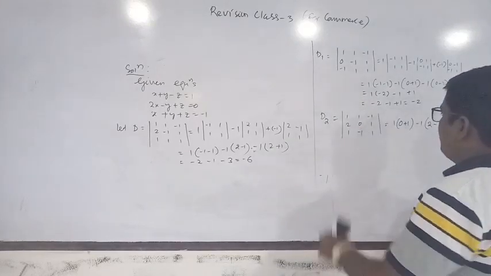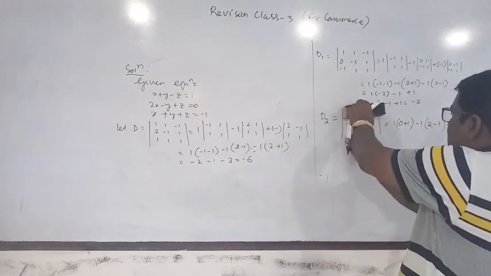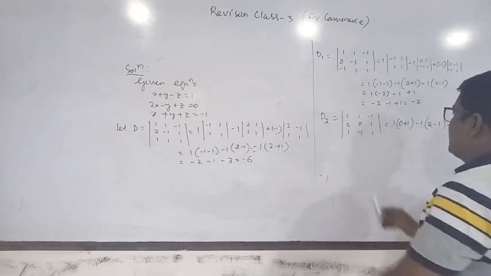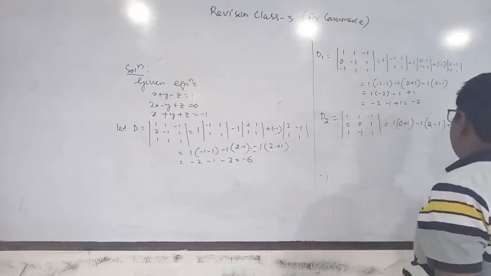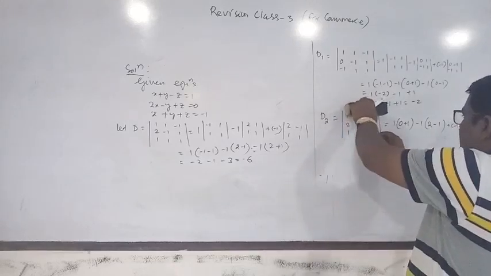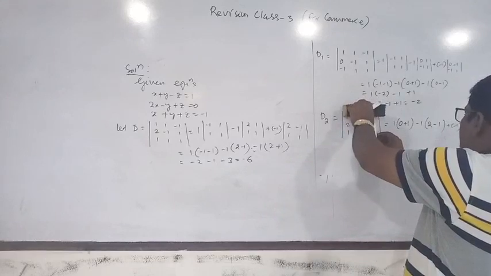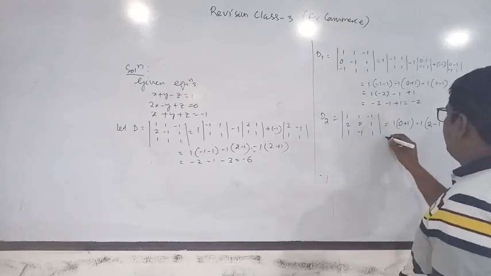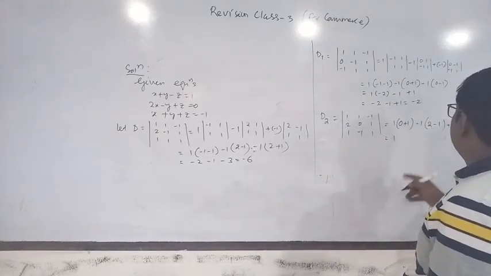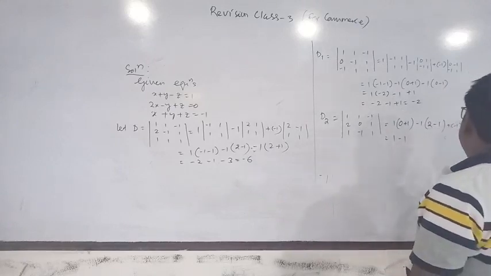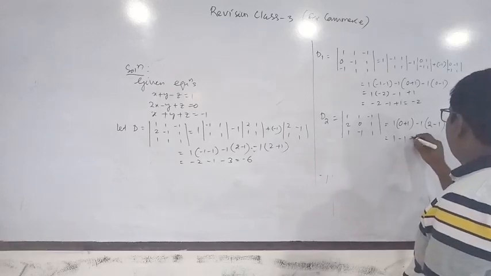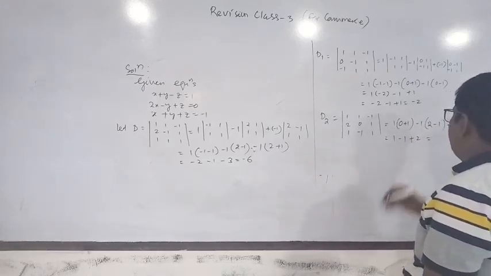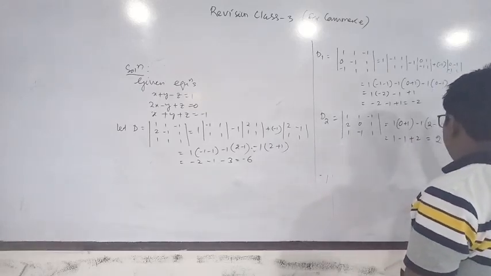Okay, first one is 1 into this 0 plus 1. Second one is 1 into minus 1 into 2 minus 1. And third is plus or minus 1 into 2 minus 2 0. Okay, so this is equal to minus 1, and this is plus 1, plus 2, that is 3 plus 1 minus 1, this is 2.